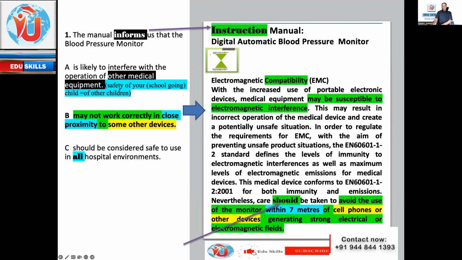Now here you see, for example, I have given in brackets, safety of your school going child or of other children. Whom are you concerned with? As of now, with that example, if I take, you are worried about COVID-19, Corona, and you are worried about the safety of your child going to school. And the option says, you are concerned about your child hitting other children.